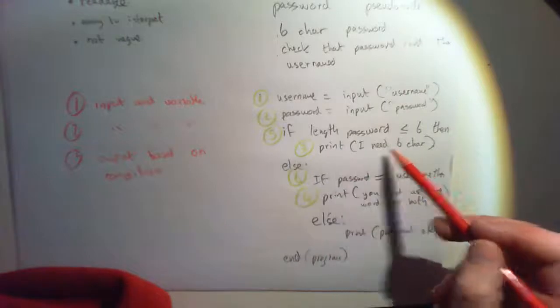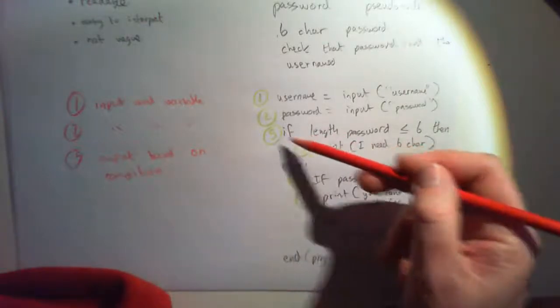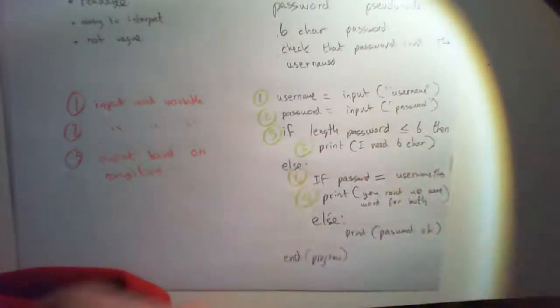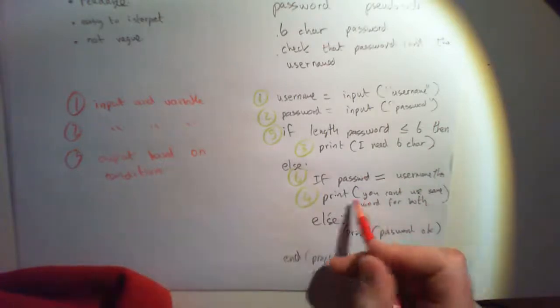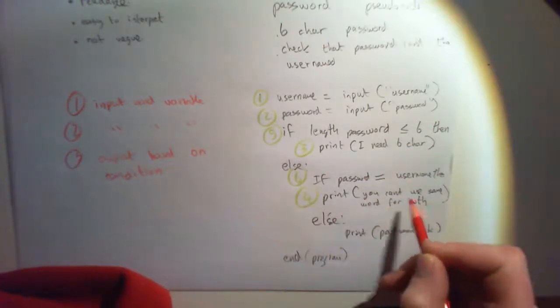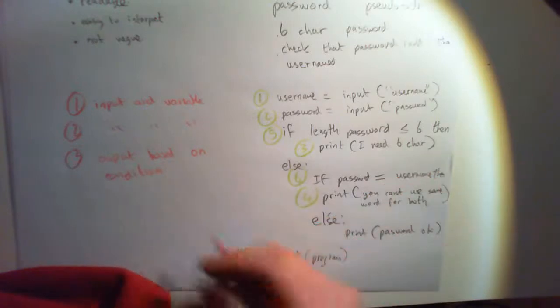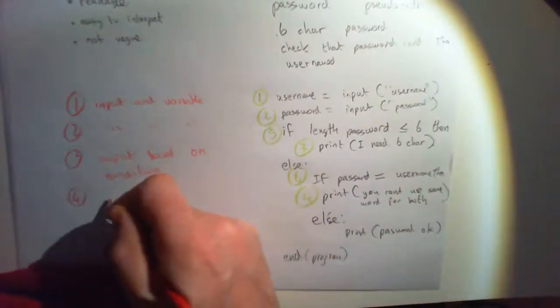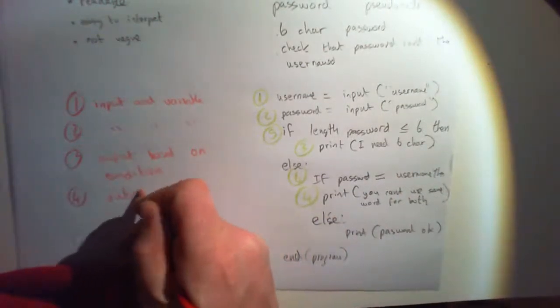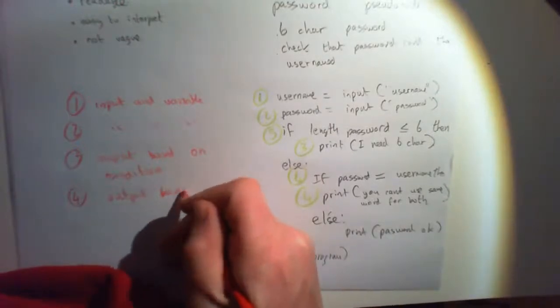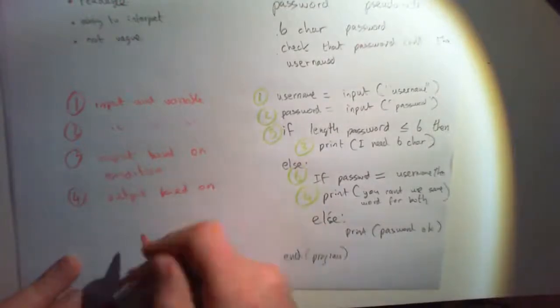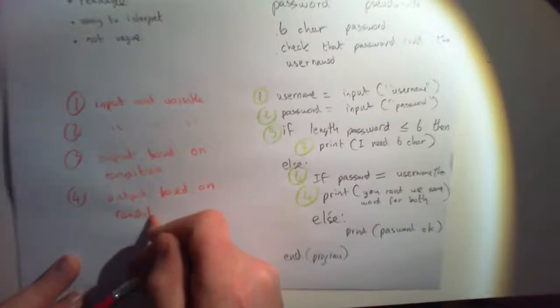The output is based on the conditional that it's nested inside of. Okay, line 4 then, print, you can't use the same word for both. Isn't that the same thing? You get an output based on a conditional.